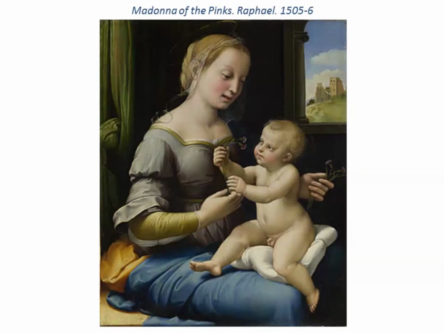We've got the iconography of purity here. We've got the iconography of transcendent spiritual awareness, hence the pinks. Dianthus is the ancient Greek word, which is the flower of the gods, flower of divinity, being passed between mother and child in this case.